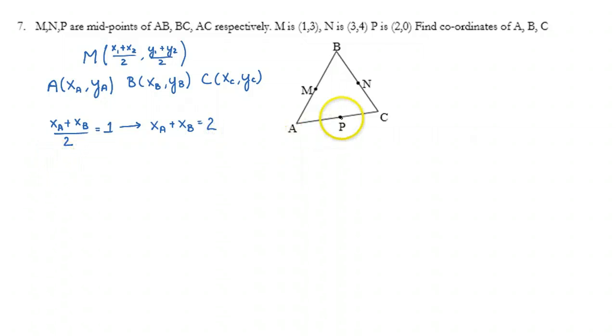Now if we take a look at P, we see that P is the midpoint between A and C. So therefore, (xa plus xc) over 2 is equal to the x value for P, which is 2, and we can rearrange this to xa plus xc is equal to 4.